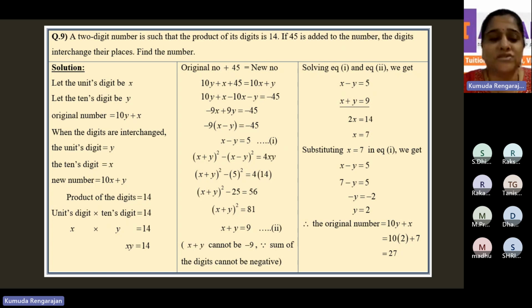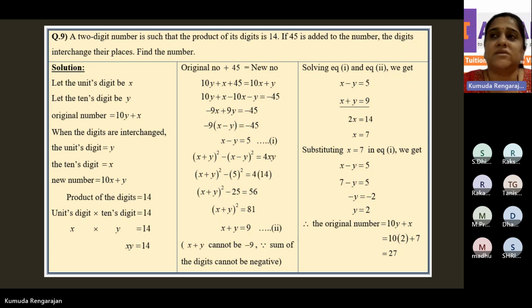Below that, x into y is equal to 14. Product of the digits means the units digit into the tens digit is equal to 14. So it will be x into y is equal to 14. Okay, that is one equation.